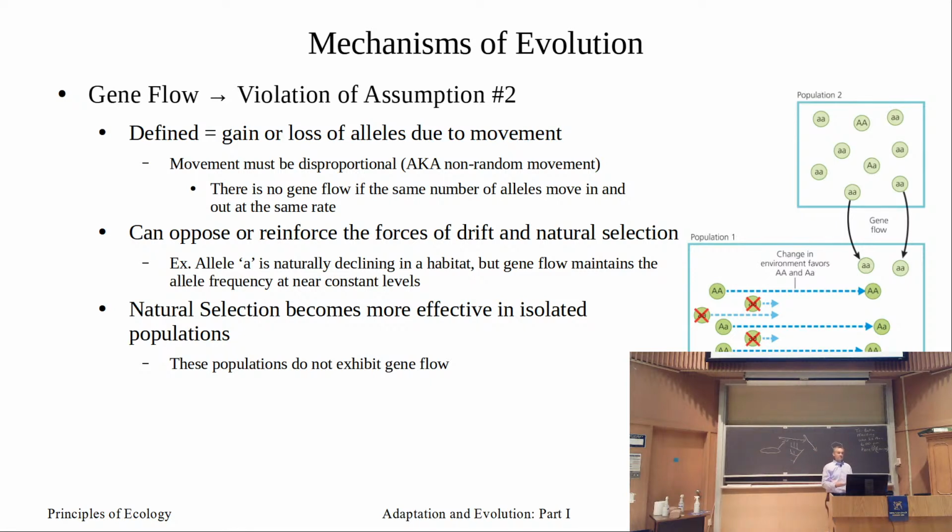So in these isolated populations, then, natural selection can become very effective at altering our population. If we're in a population where there's others around and our individuals can freely move, then selection might not be as effective at generating good traits.